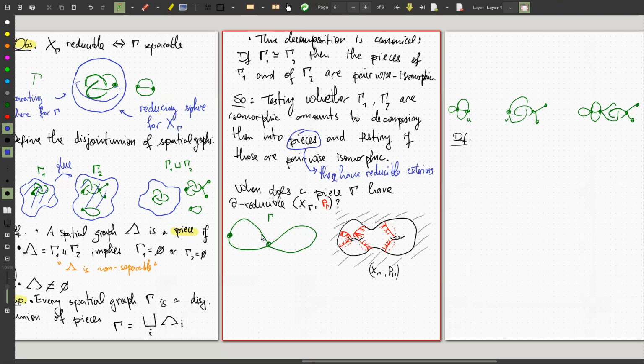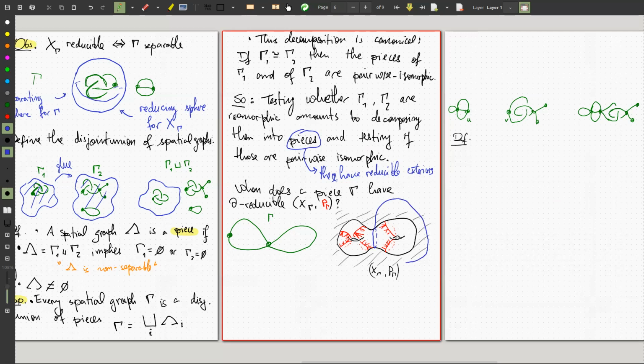Here I drew a graph, a piece, indeed, because this is clearly a piece. And to the right, I drew its marked exterior. And here's a reducing disk for that. I draw a curve here, and I go around here, and there's a reducing disk. What this suggests, and it's indeed essentially going to be the answer, is that boundary reducibility corresponds to the existence of these so-called cut vertices.